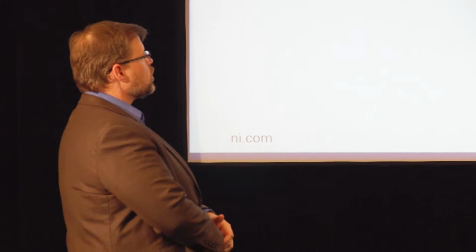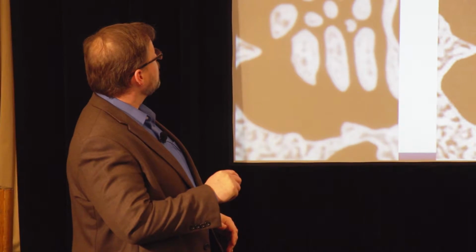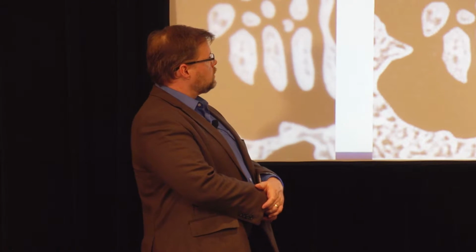But if you bring an FPGA in as a coprocessor, you can get some really nice benefits to the system. So if we take a look here, this is now the molten metal. And you can see here are these blobs or artifacts as the metal's going through its transformation and melting.